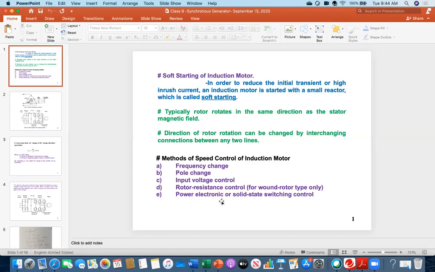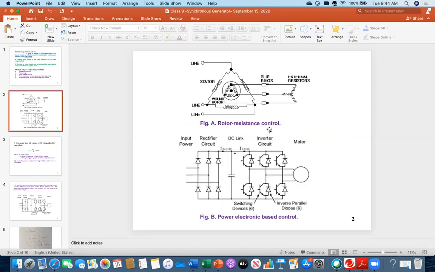So I will be discussing a little bit on those 2 methods and then we will solve one numerical problem. For the rotor resistance based control, if you remember, 2 classes back I showed you this picture.